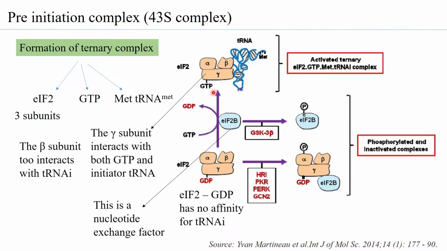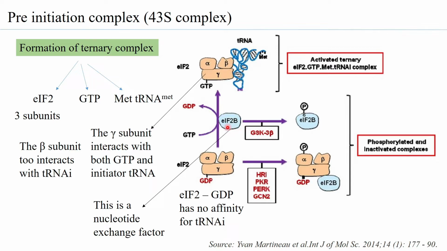And so if EIF2B is present, then you would have a formation of more EIF2 GTP, which in turn will be able to bind to the initiator tRNA to form the activated ternary complex. And hence EIF2B is a point of regulation.